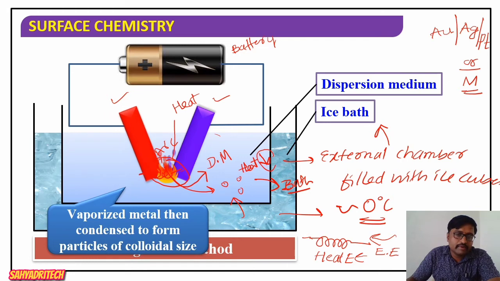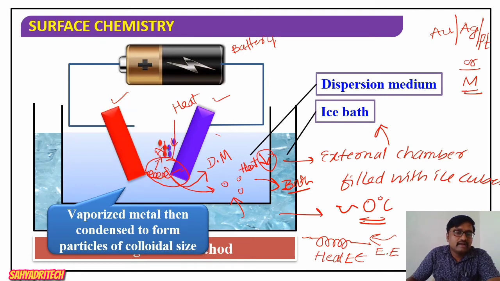Because of low temperature, the vapors produced near the arc condense immediately in the dispersion medium because of the ice bath.